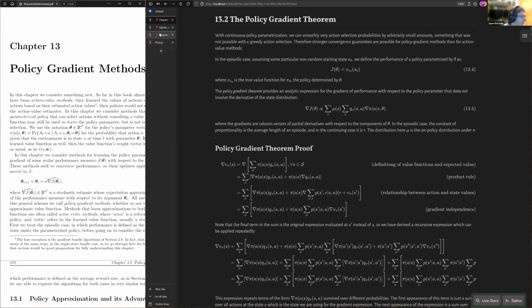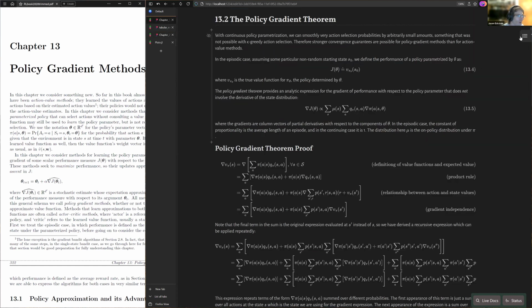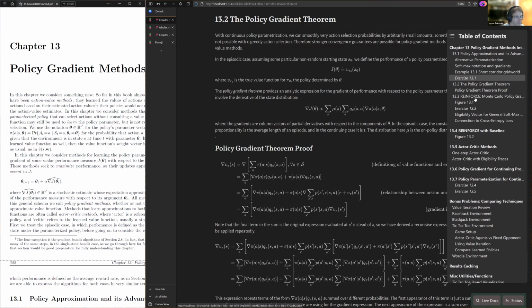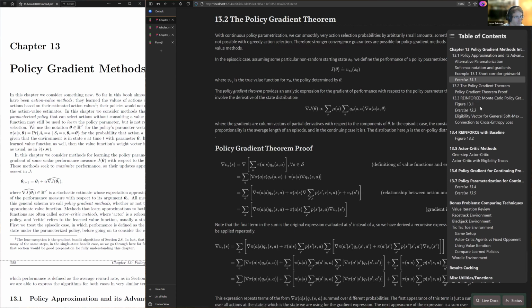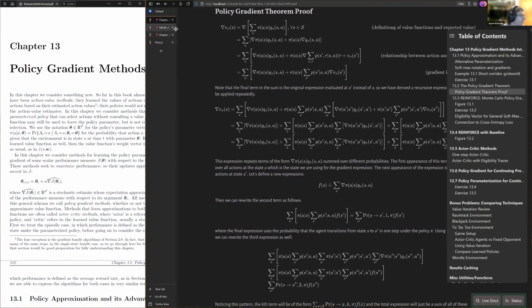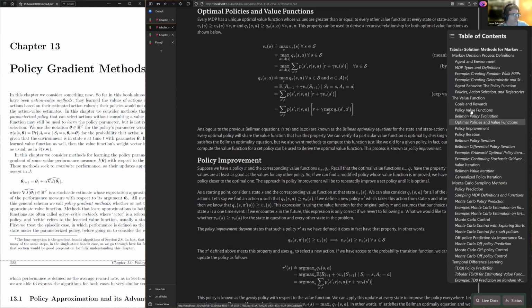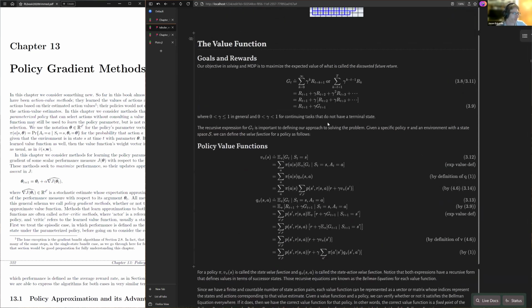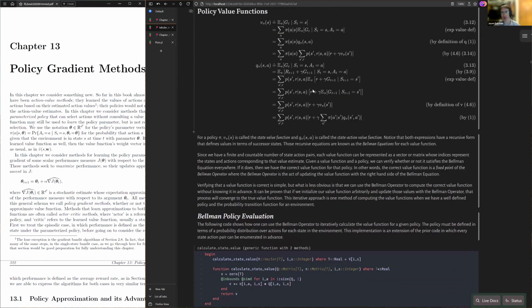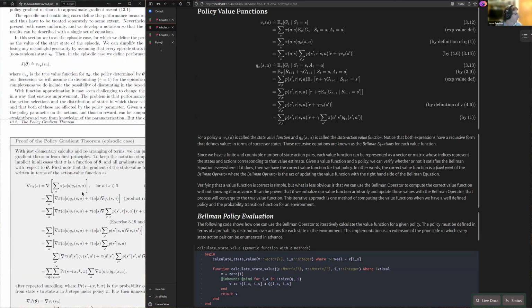And another thing that's helpful to keep in mind, from the first part of the book, are the different expressions for the value functions, right? So for the gradient, we're going to derive it from the gradient of the value function here.